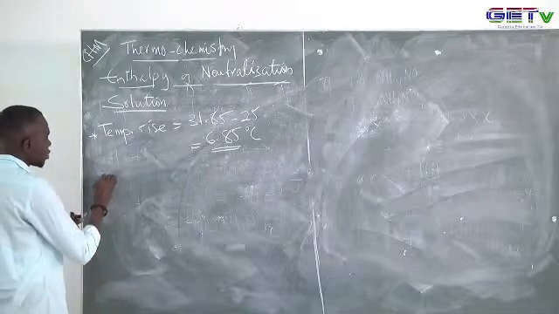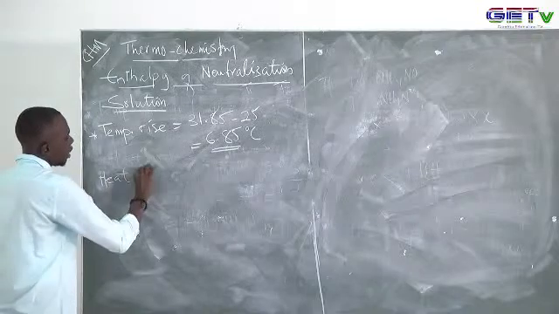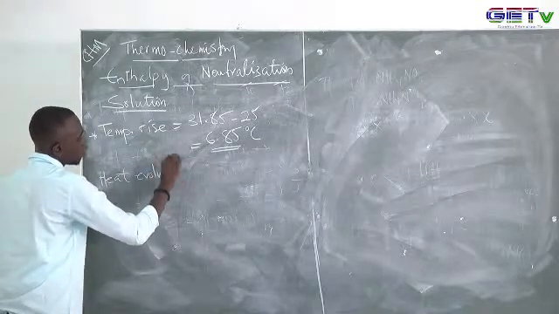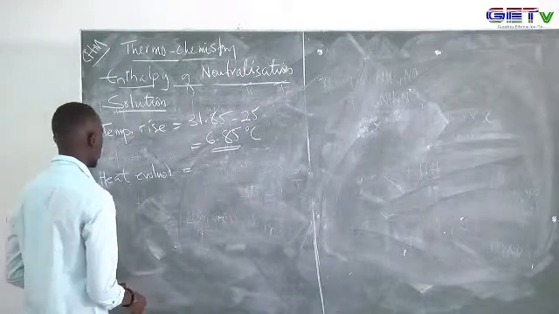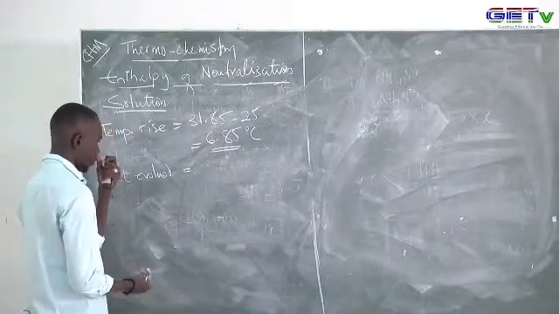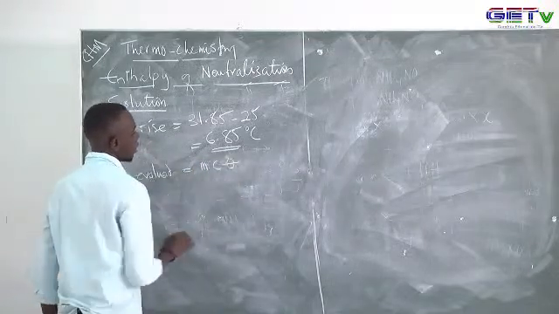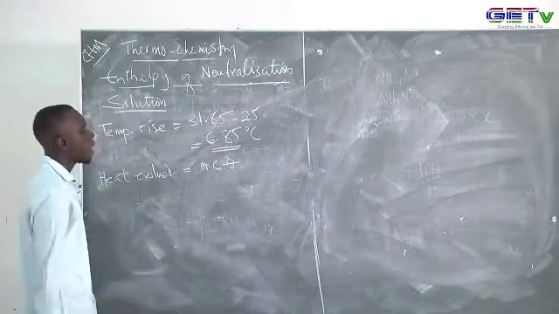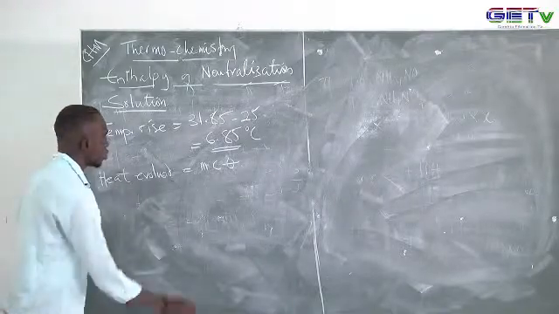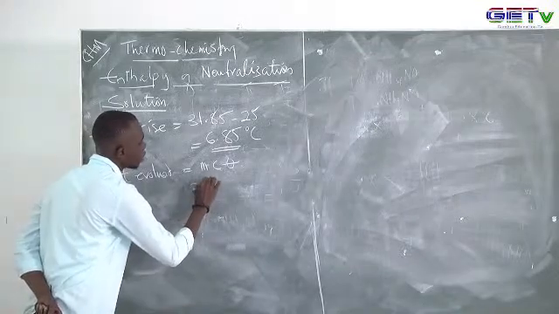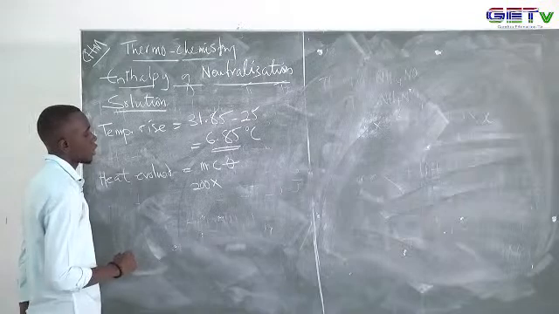So the next thing is to calculate heat evolved, because we know that standard enthalpy of reaction is always exothermic, it's always negative, so we can calculate the heat evolved. And heat evolved is calculated as mc theta. And the m is the mass of the mixture. And the mass of the mixture in this case is 200, because the acid is 100 and the base is 100. We add them, we have 200.